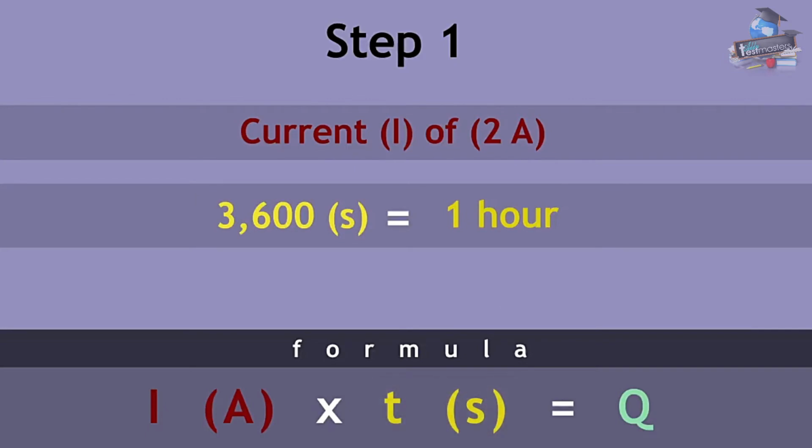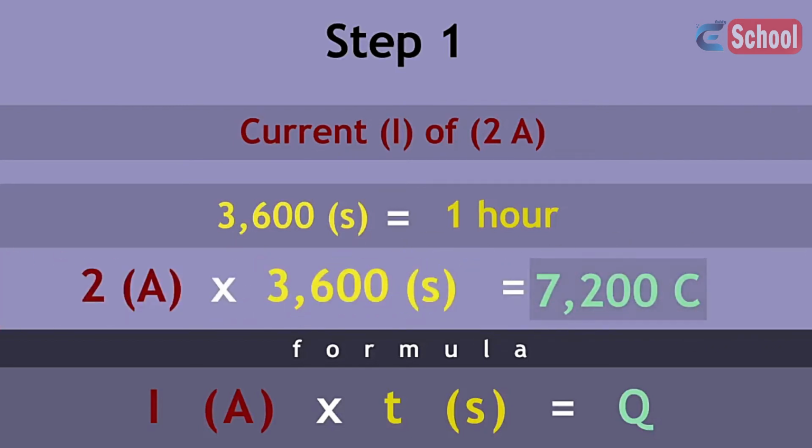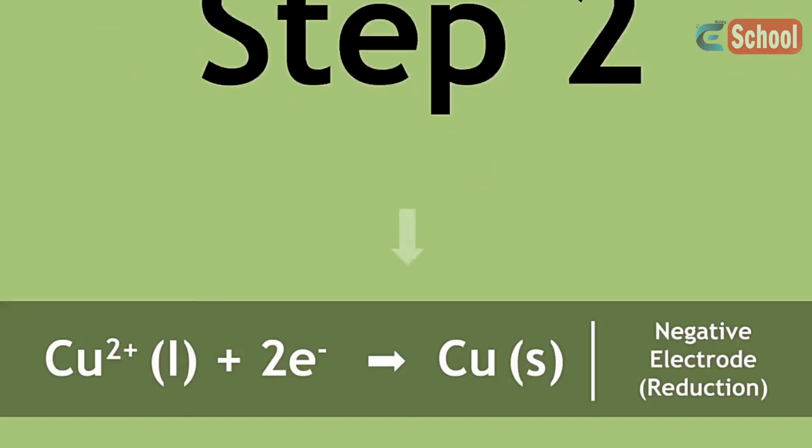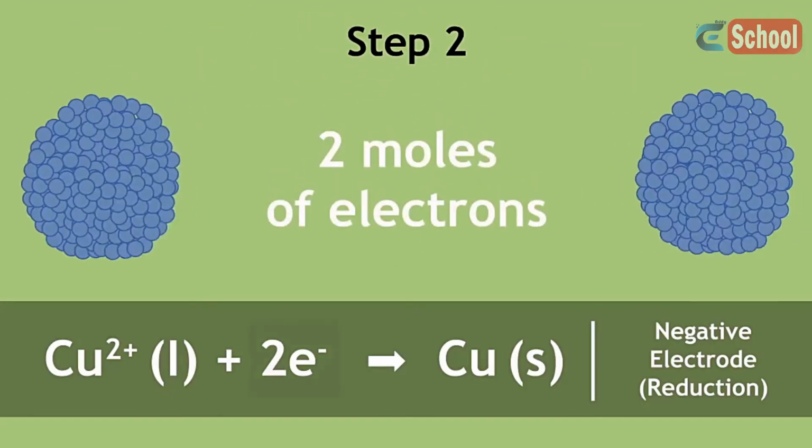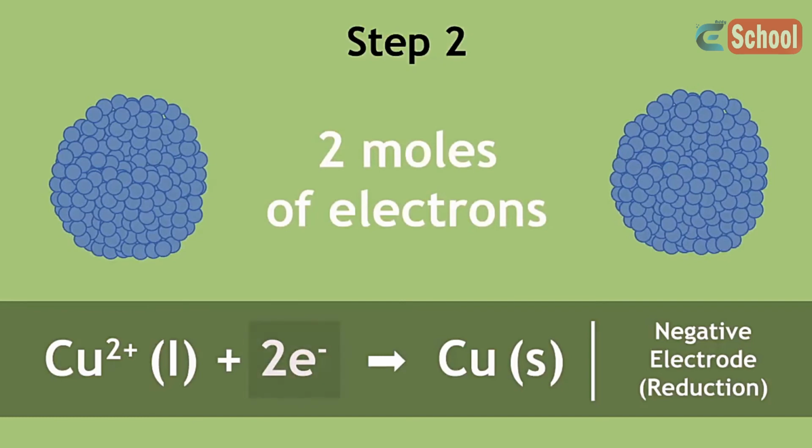Try and work out the charge transferred now. It might make it easy if you write it out in full. Pause the video and check your working and answer when ready. You should have got 7,200 coulombs.